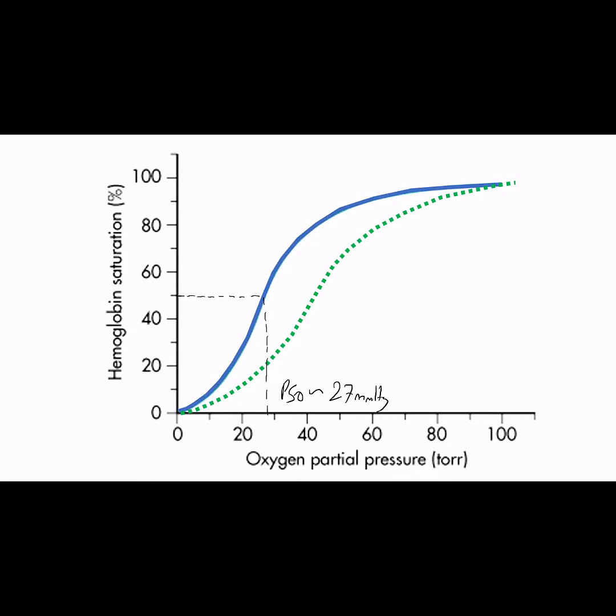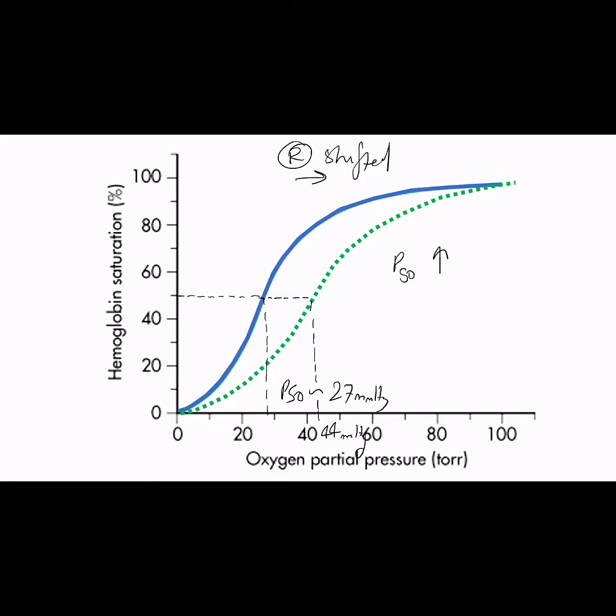Now if we take the same point on the green curve, which has been right shifted, what we can see is that the P50 has increased, let's just say, to about 44 millimeters of mercury. So as the P50 increases, the affinity of the hemoglobin to carry oxygen has dropped, and that kind of makes sense.